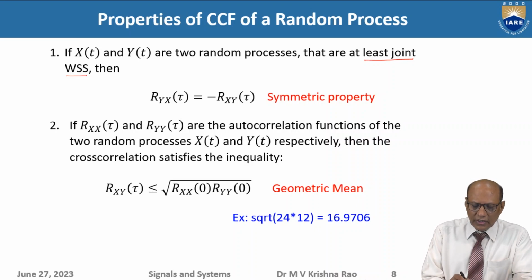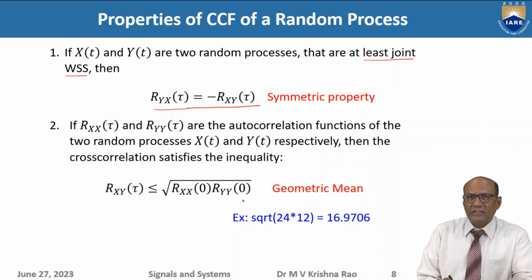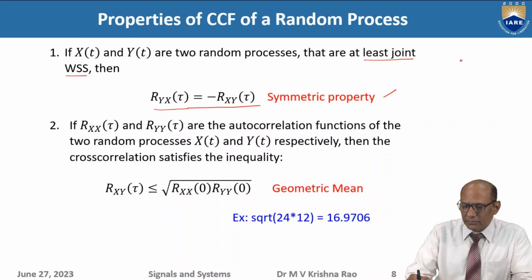Okay, so here when I see the cross correlation, RYX tau equals minus of RXY tau. This is called the symmetric property. Okay, and which kind of symmetry is this? This is odd symmetry. Correct? For example, if I have this kind of thing, this is called even symmetry.